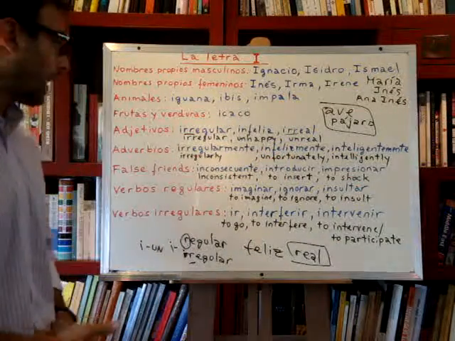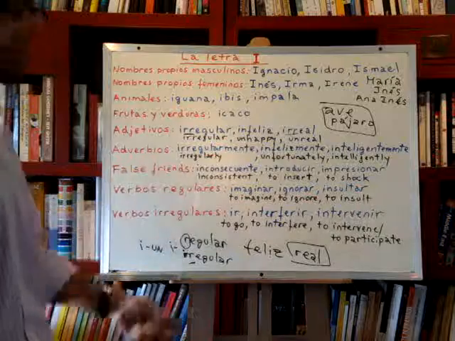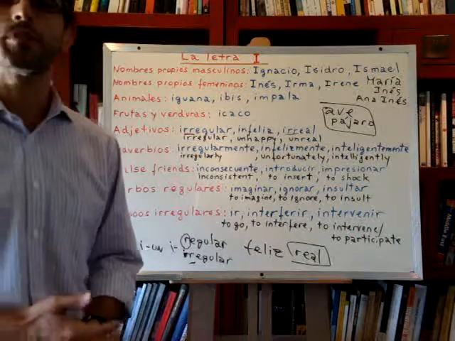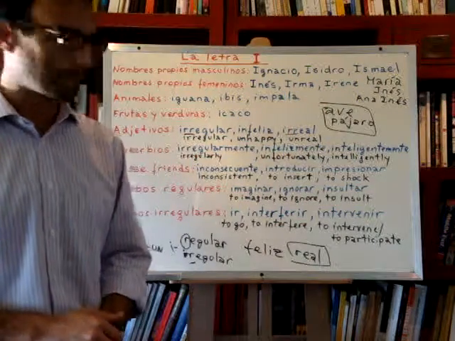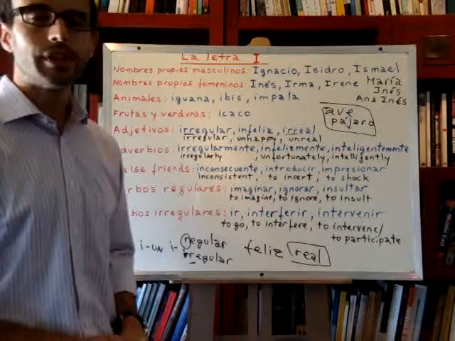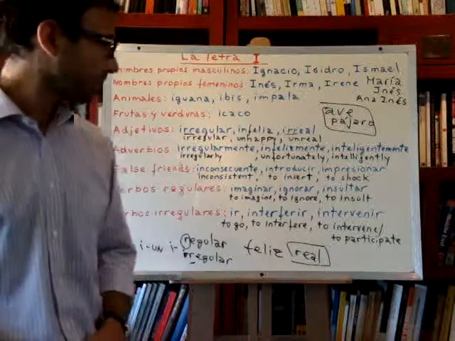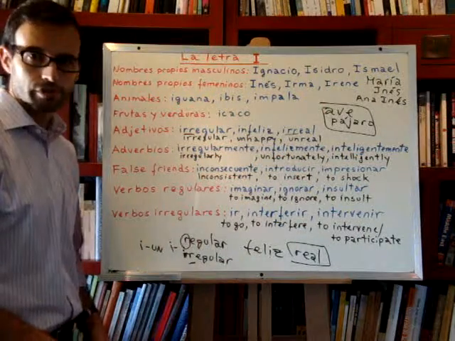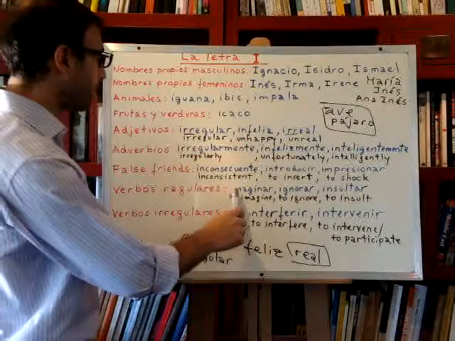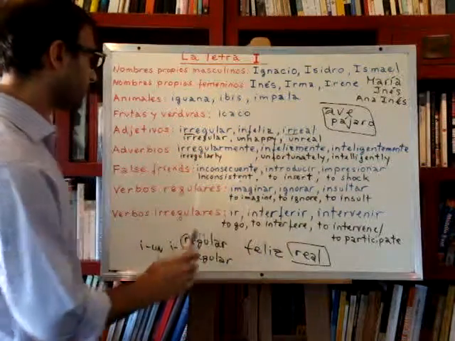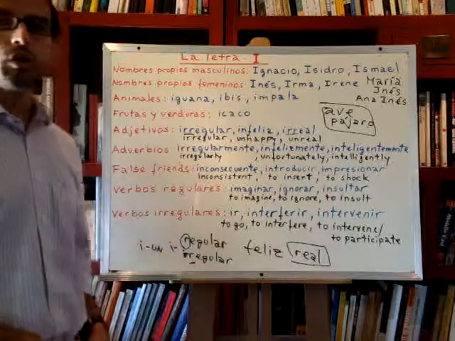Ahora veremos algunos false friends o falsos amigos que empiezan con I. Now we will learn some false friends that begin with I. Tenemos tres false friends. We have three false friends. El primero, the first one, inconsecuente.